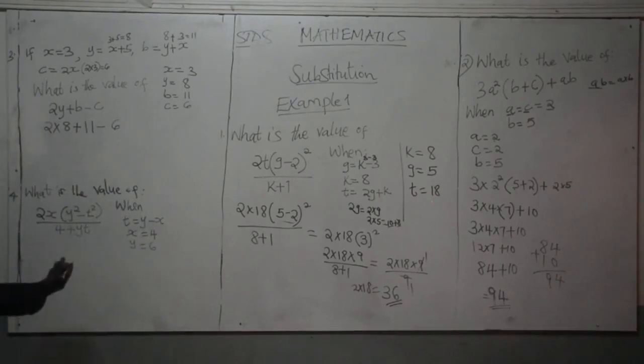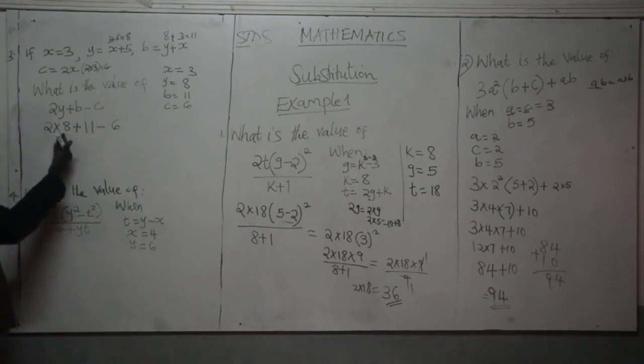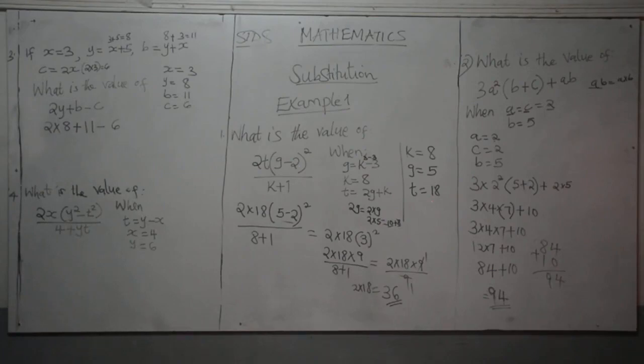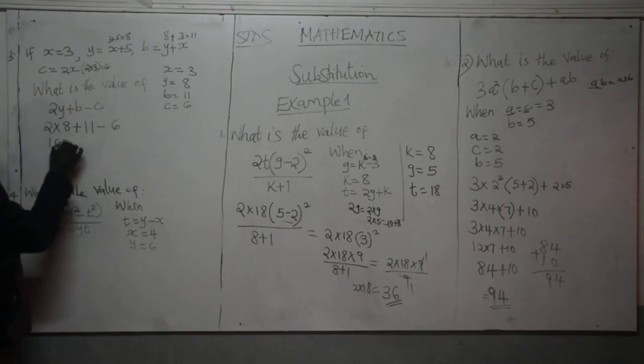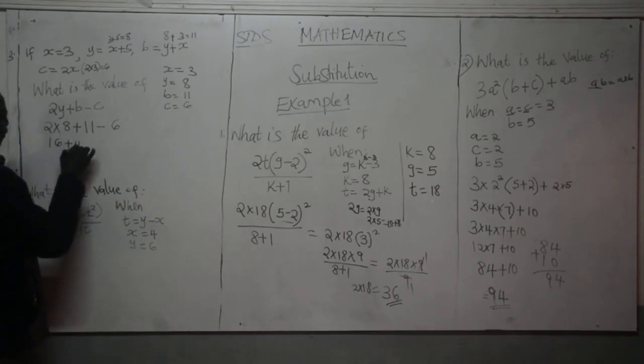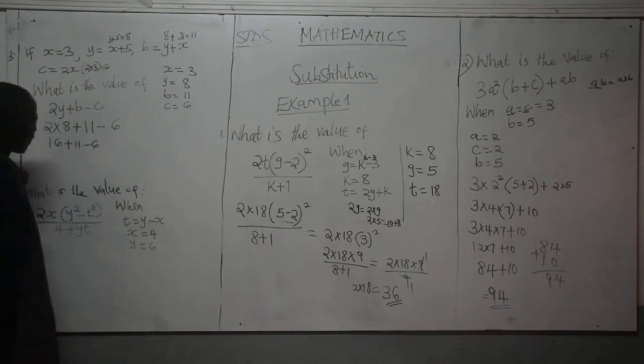Now, let us multiply this. That is 2 multiplied by 8. 2 multiplied by 8 gives us what? It gives us 16. So we have 16 plus 11 minus 6.